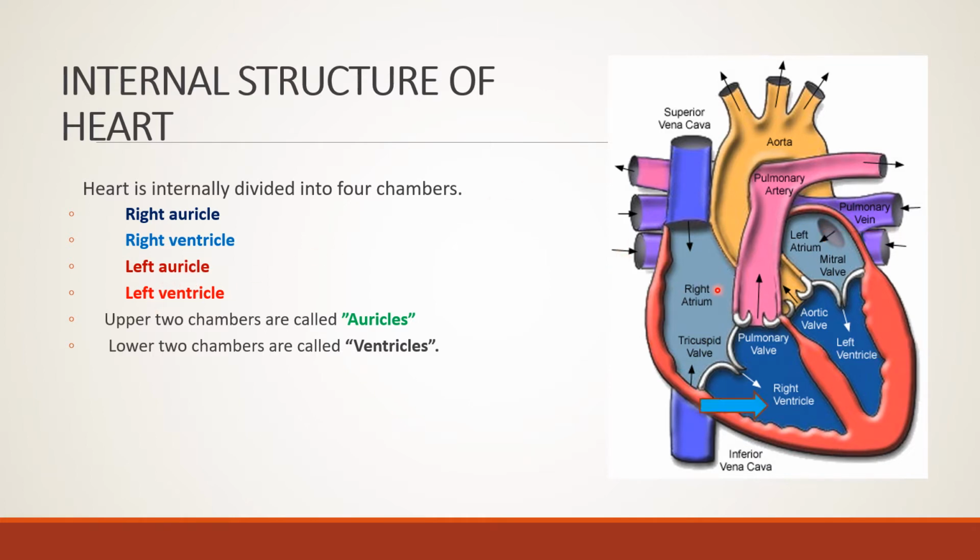You can see here, this is the right auricle, otherwise we can say right atrium, this is the left atrium, this is the right ventricle, this is the left ventricle. The upper two chambers are called auricles and the lower two chambers are called ventricles, right?